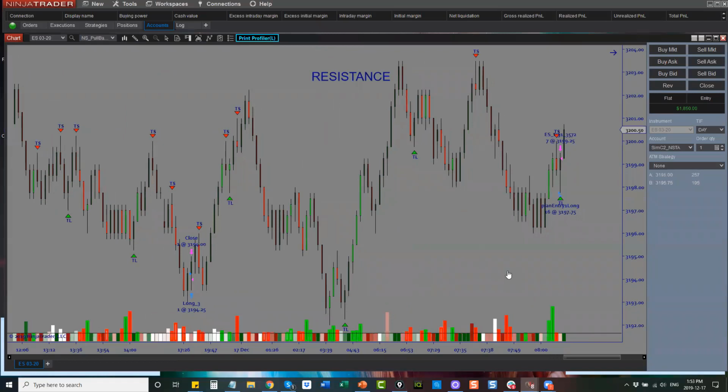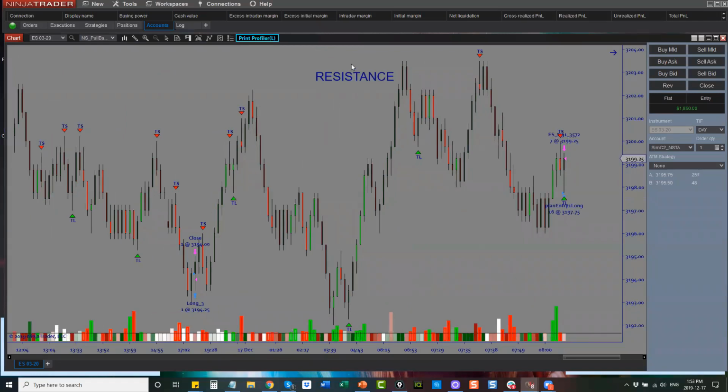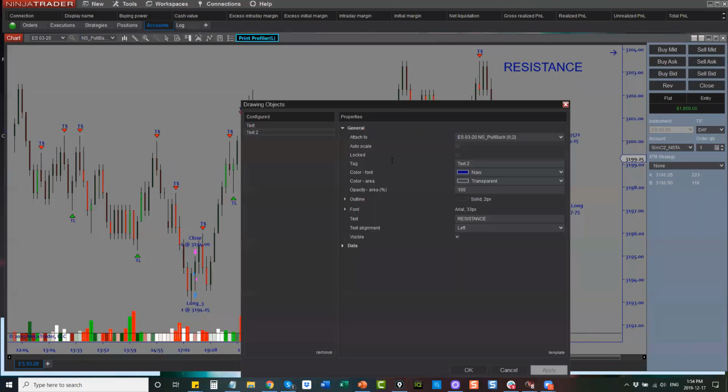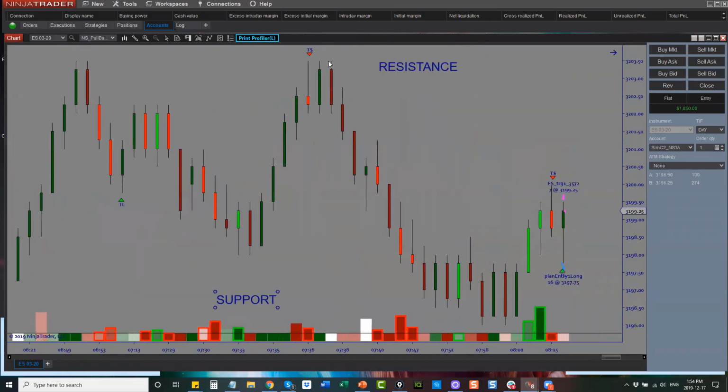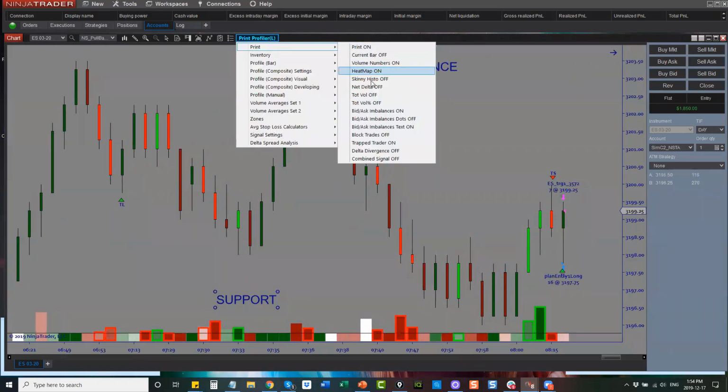Where are we in the range? We're at support, when buyers are expected to step into the market, and we start seeing net delta coming in here at the bottom.